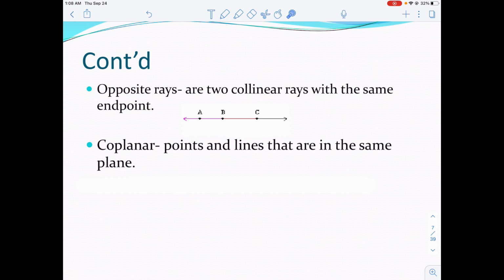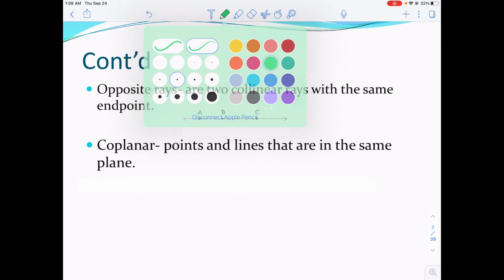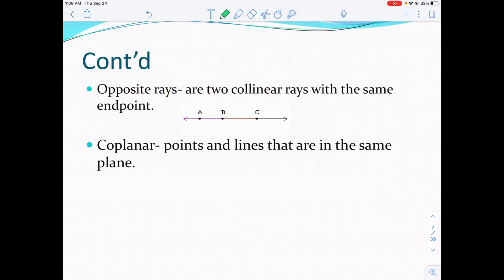So remember, a ray has to start with its endpoint. In this case, we can see that our opposite rays are going to go in opposite directions and have to start with the same letter. So that means that I'm talking about ray BC is opposite of ray BA.